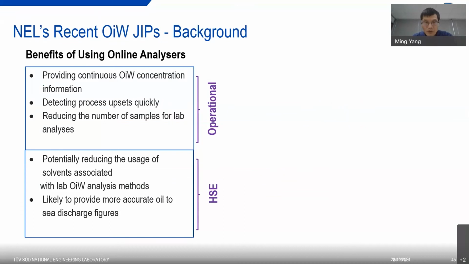From a health, safety and environment point of view, the use of online analyzers potentially reduces the usage of solvents associated with the lab methods. And online analyzers would probably give you more accurate discharge information.